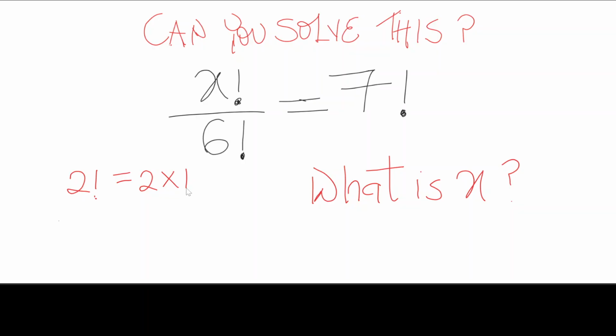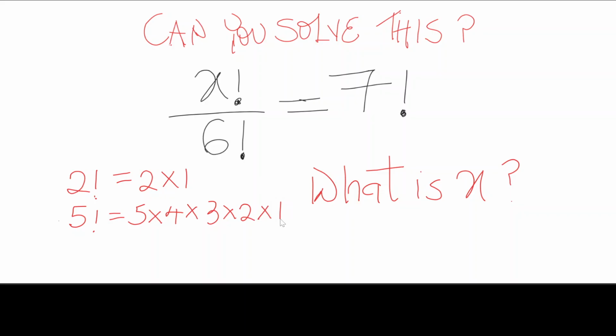So if I have 5 factorial, I start from 5, then multiply by the next lower number, which is 4, then followed by multiplication by 3, then times 2, until we get to 1. So this is what 5 factorial is all about.